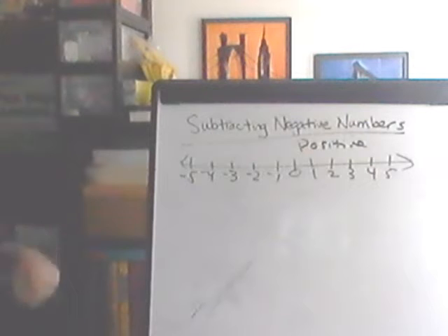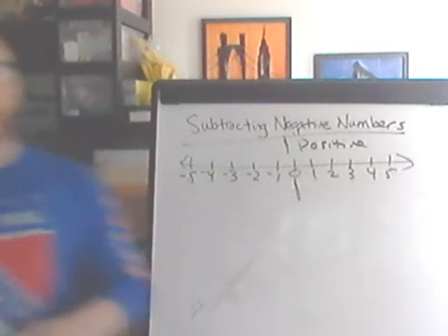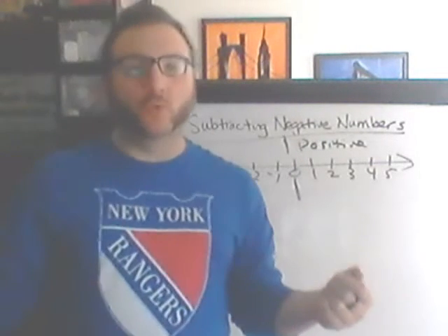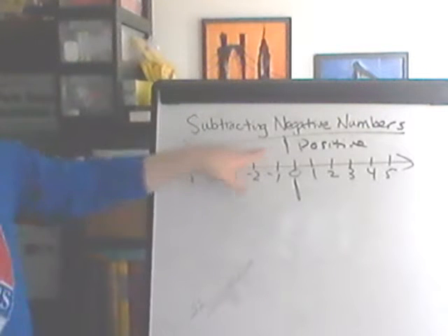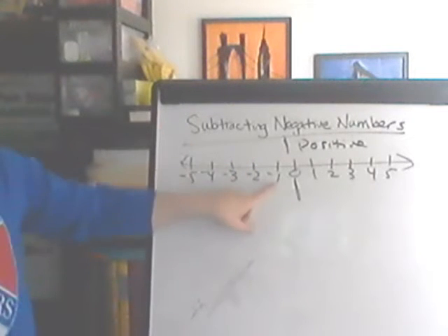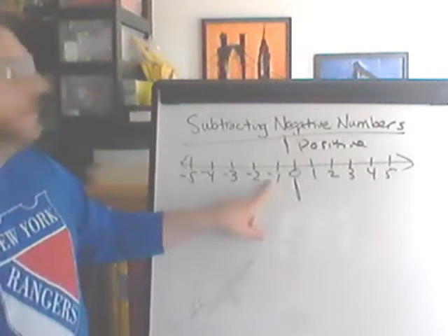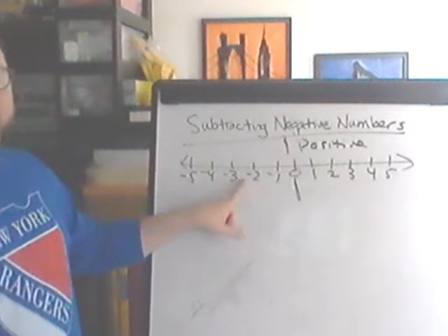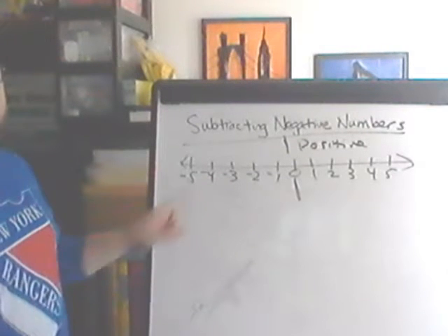Okay? Now, here's my 0. Smack dab in the middle. It's neither negative nor positive. It's neutral. It's right in the middle. Then I've got this. Now watch. Look how it goes. 1 with a minus. 2 with a minus. 3 with a minus. 4 with a minus. 5 with a minus.